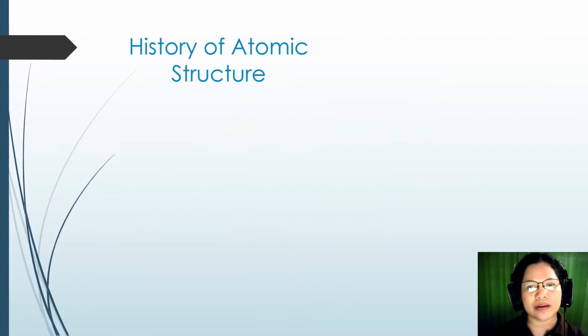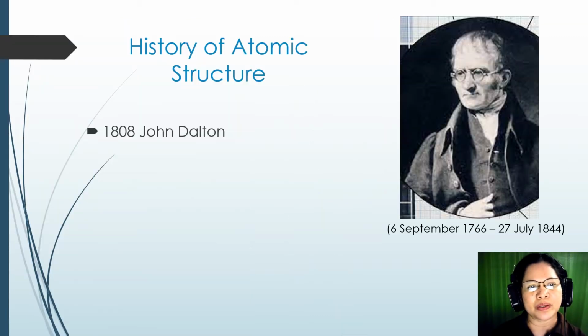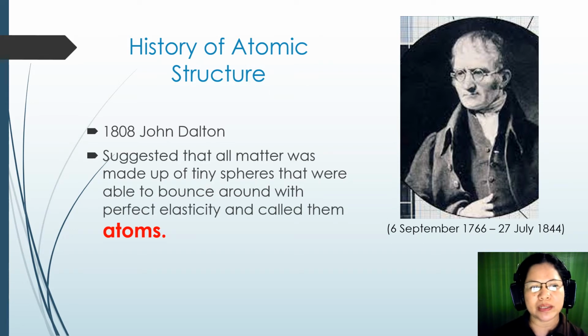Okay, next we have John Dalton. What would be the contribution of John Dalton in the atomic history? He suggested that all matter was made up of tiny spheres that were able to bounce around with perfect elasticity and called them atoms. So it was John Dalton who gave the name atoms instead of atoma.